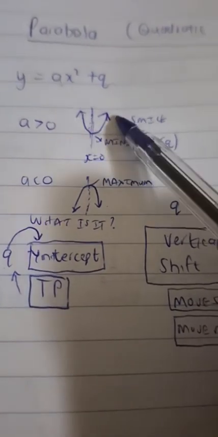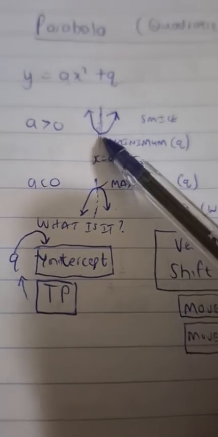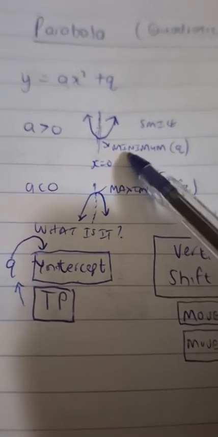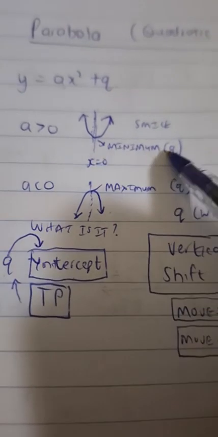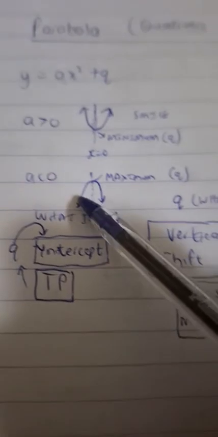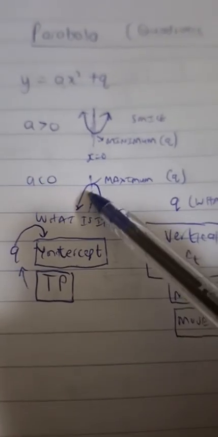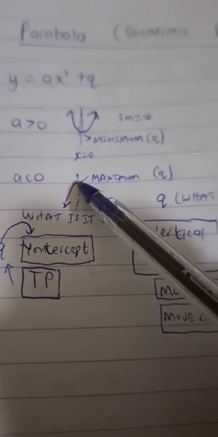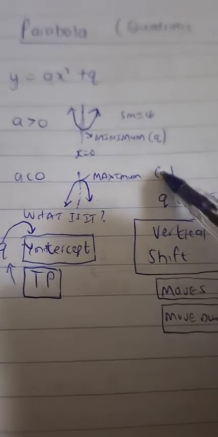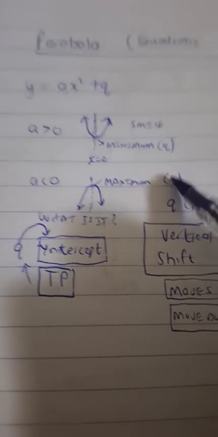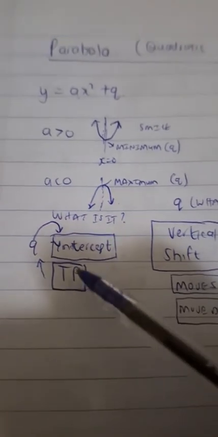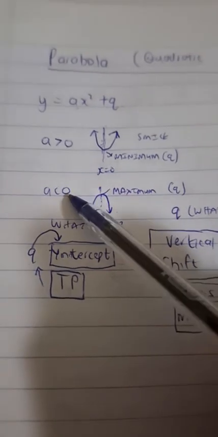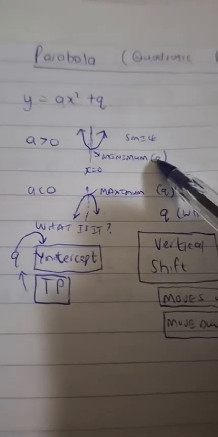Whether it's smiling because a is greater than 0, where it turns is the minimum point of the function. When a is less than 0, where it turns is the maximum value of the function. So the Q value: y-intercept, turning point, maximum when a is less than 0, minimum when a is greater than 0.